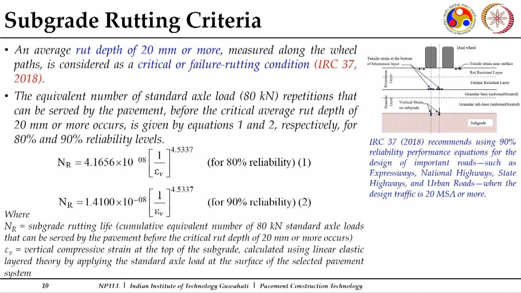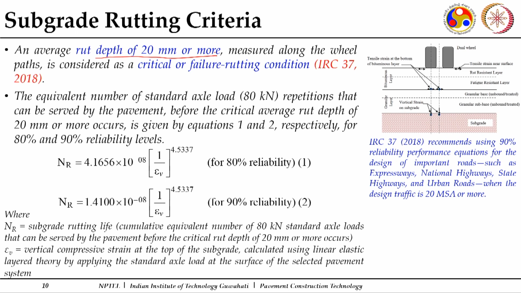So, it says if the rutting on the surface is 20 mm, I will call it a failed section. I will consider that structural failure will be there if 20 mm of rutting is there. So, I will look at how, with a particular vehicle load and a particular amount of strain on the top of the subgrade, how many repetitions of that kind of standard vehicle it can take before 20 mm of rutting takes place on the top of the surface.